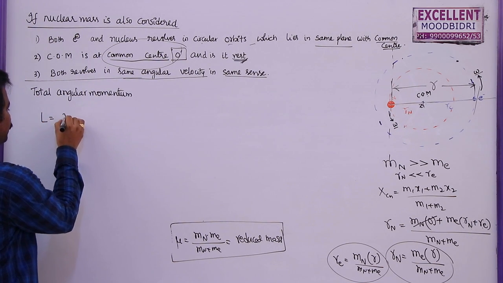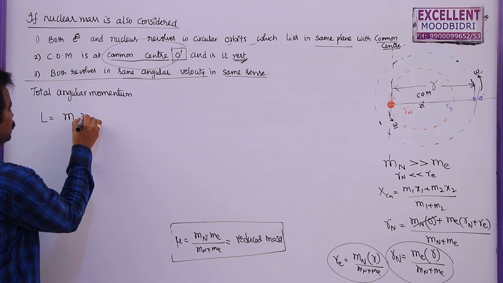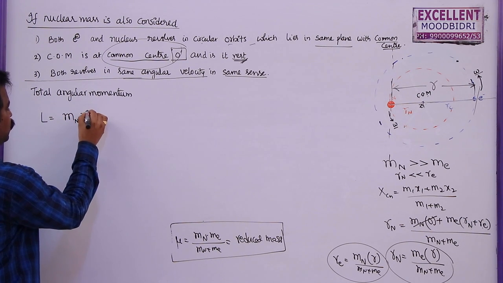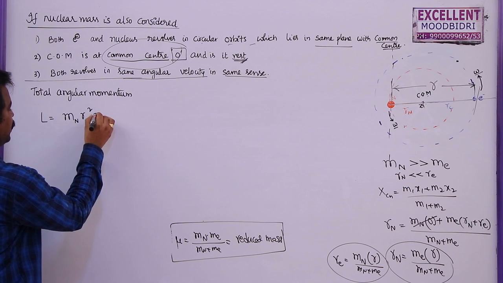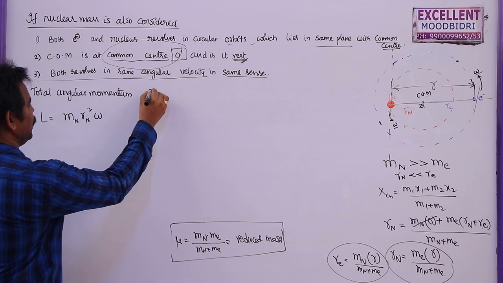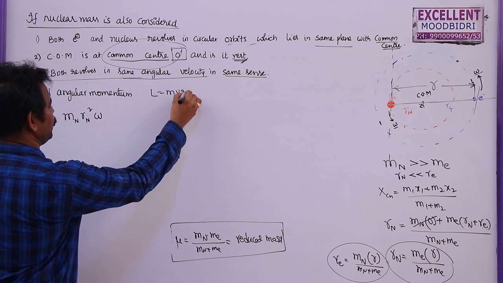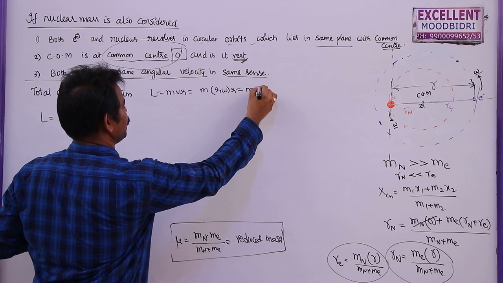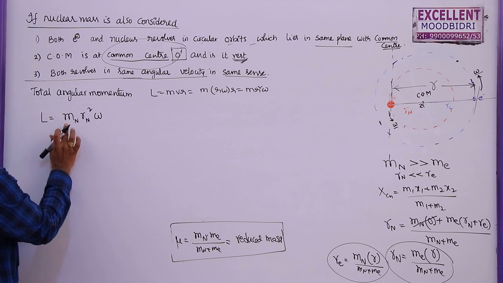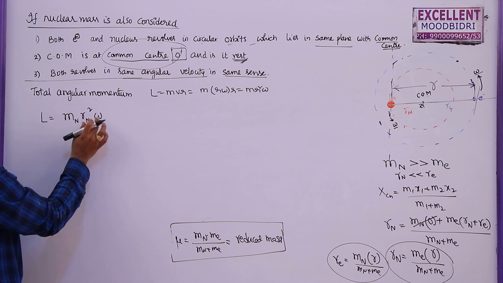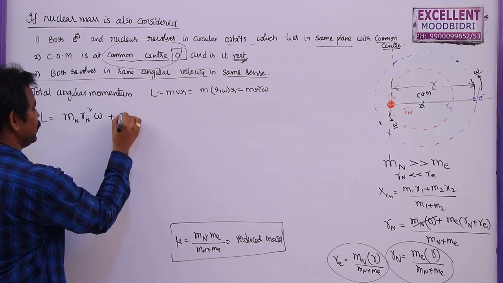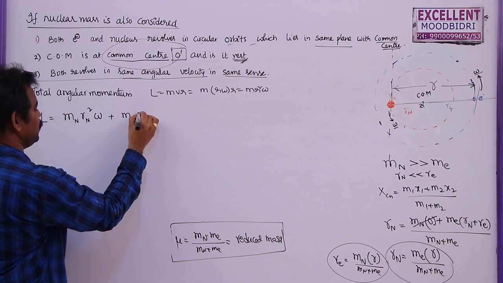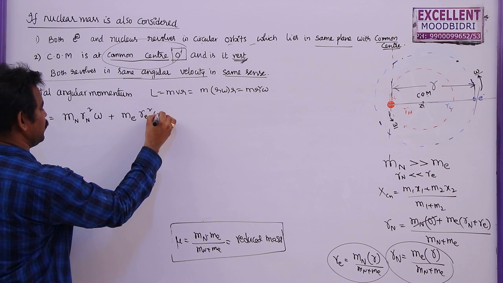L is given by mass of nucleus, radius of the nucleus orbit, m r square into omega, because angular momentum is equal to m v r, m into r omega into r. This is m r square omega. For the nucleus, it is mass of nucleus, radius of nucleus square, into omega, plus for the electron, this is Me Re square omega.